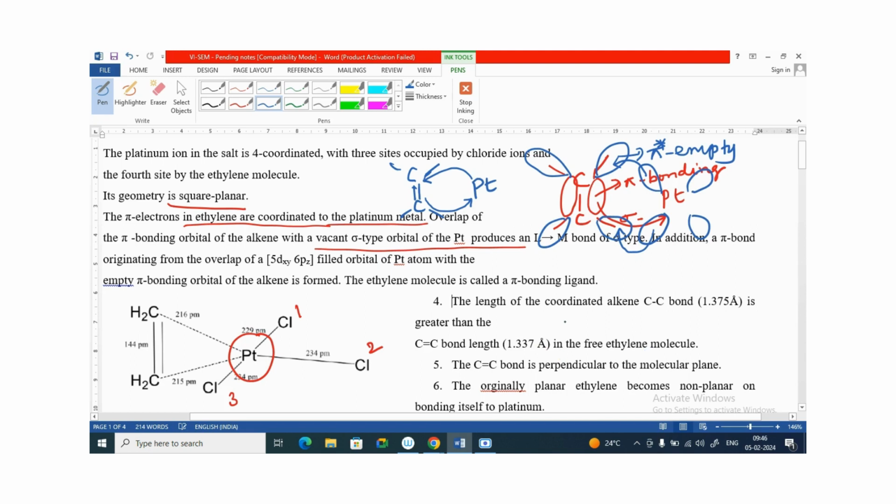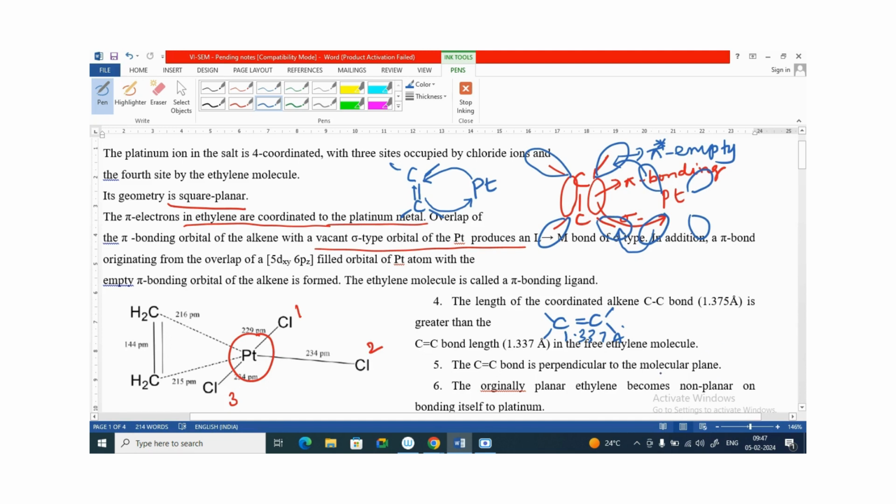Actually, we know that a carbon carbon double bond must be 1.337 angstrom. But when these pi electrons are donated to the platinum central metal atom, this may have partial pi bond character, or it may attain partial single bond character.